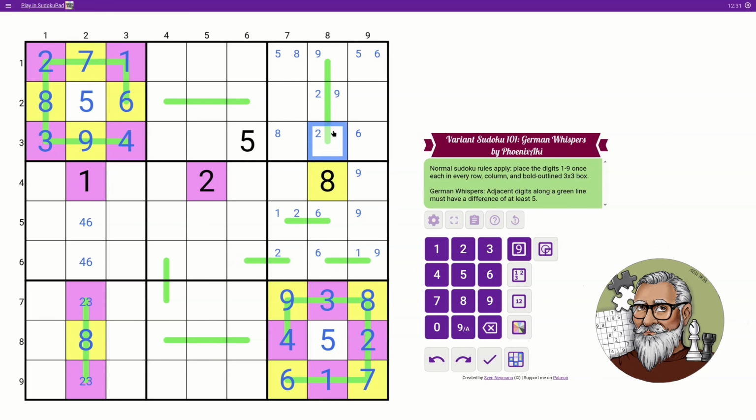So if I have two low digits and one high digit, both of these are high digits, right? And they're then 6 and 7.